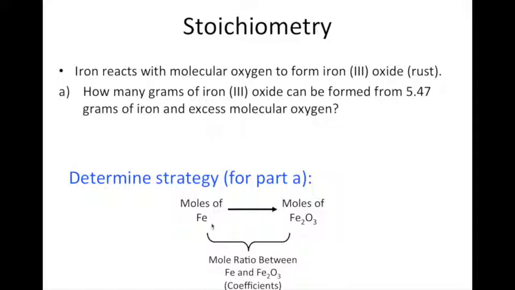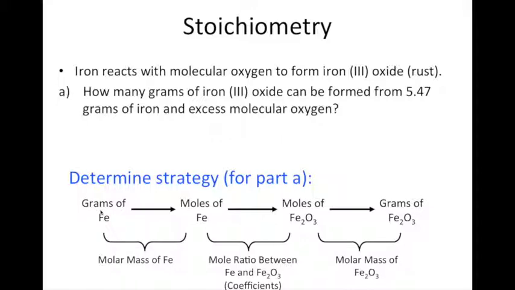So I know the ratio that 4 moles of iron will react to form 2 moles of iron oxide, iron 3 oxide. However, I'm not given moles of iron, I'm given grams of iron. And I'm not asked for moles of iron oxide, I'm asked for grams of oxide. So I can build on this relationship because I can convert grams of iron into moles of iron using the molar mass of iron.